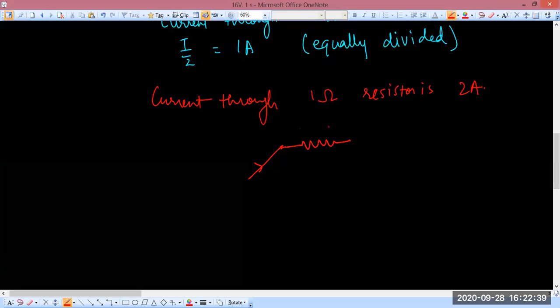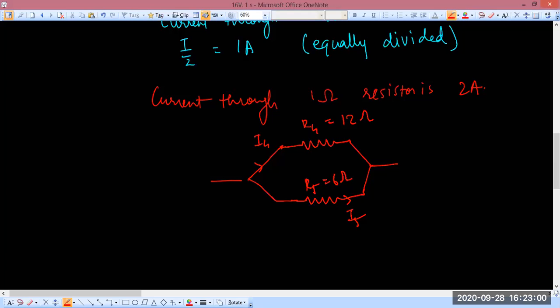So if this is R4, which is 12 ohm, let's say this current is I4. And over here, this is R5, which is 6 ohm, and the current here is I5. Now how to handle this situation?